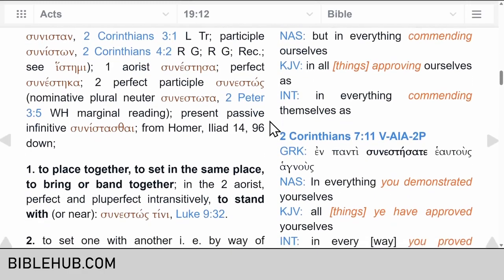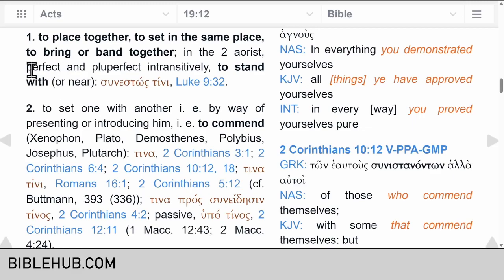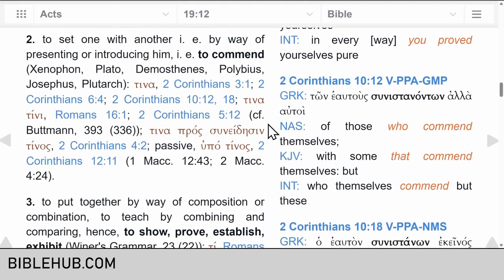I don't understand all of it. Now we get to the definitions: to place together, to set in the same place, to bring or band together. And then we have to set one with another. In other words, by way of presenting or introducing him. In other words, to commend.